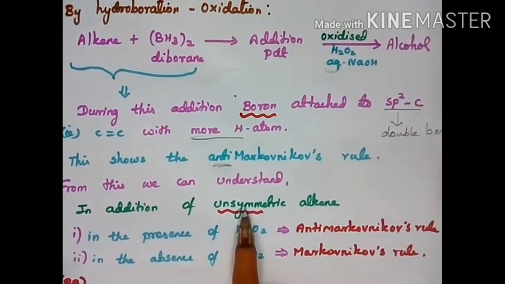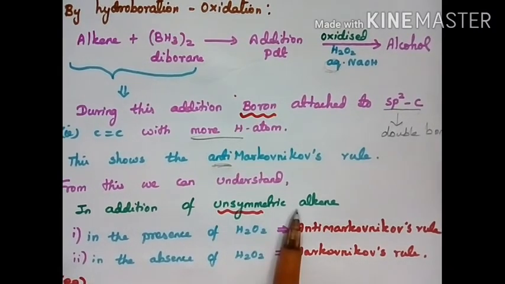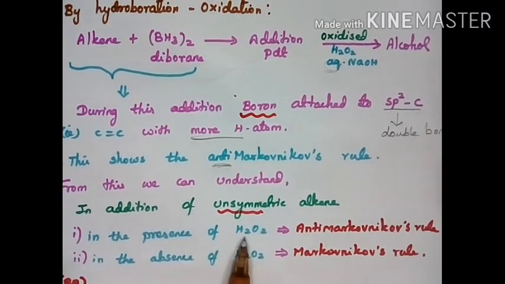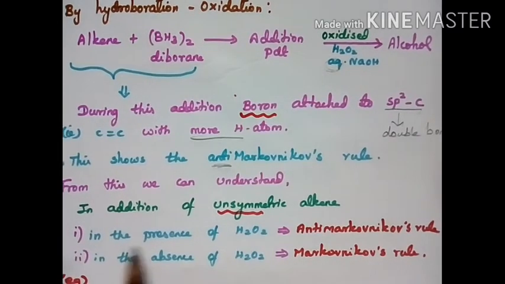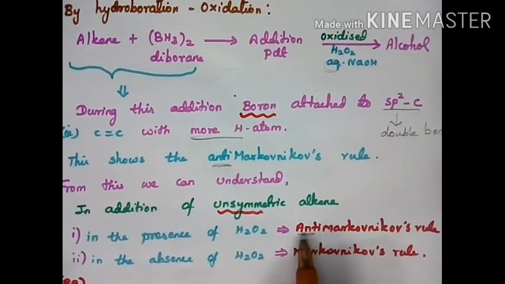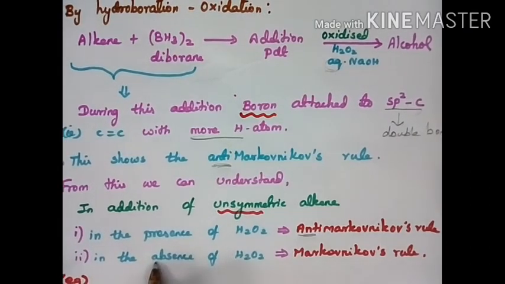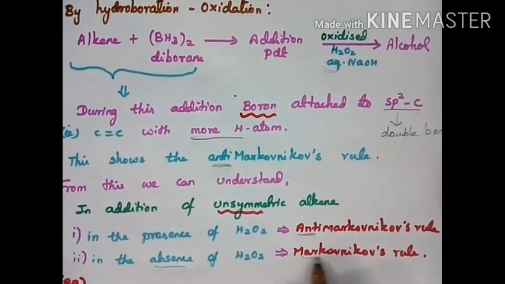Consider an unsymmetric alkene. If we are going to add any compound, that is water, HCl or anything, to an unsymmetric alkene, and the reagent is in the presence of H2O2, then the anti-Markovnikov rule takes place. Absence means Markovnikov rule.